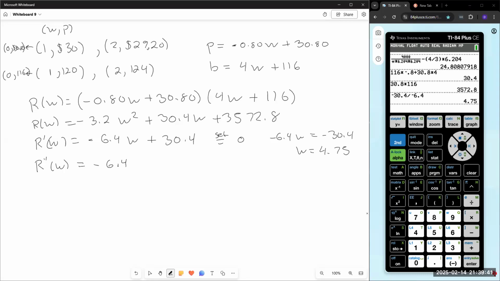And let's see now what that optimal price that he'll get is and the optimal number of bushels that he'll get.